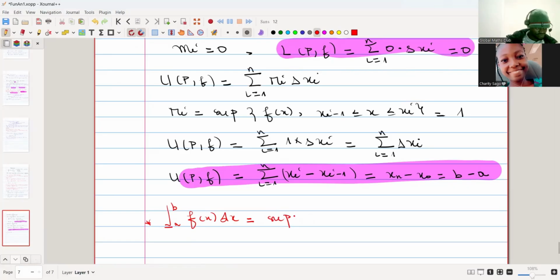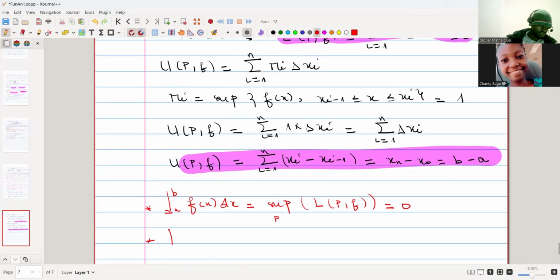It is the supremum of the lower double sum, which is 0, right? It is 0 because the lower double sum is 0.